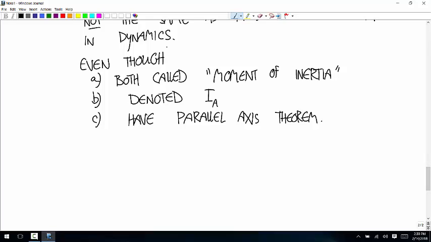The definition of the area moment of inertia is an integral definition.